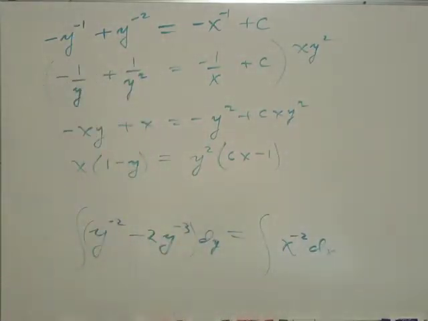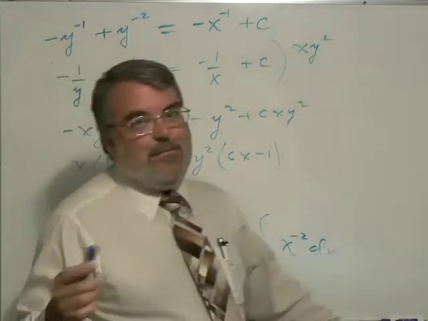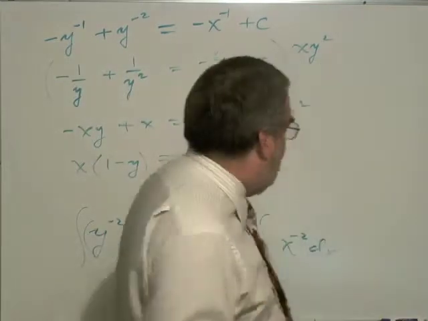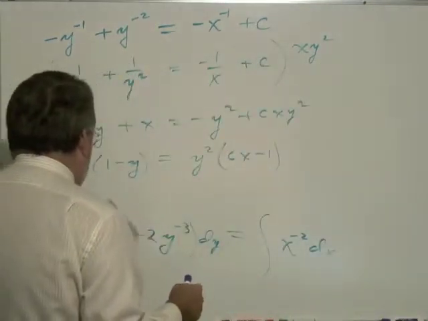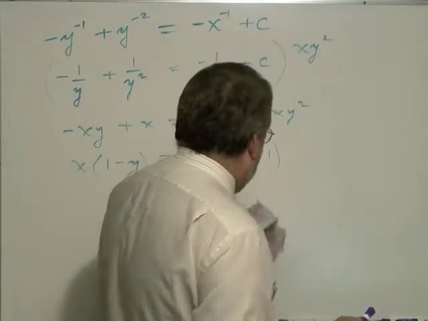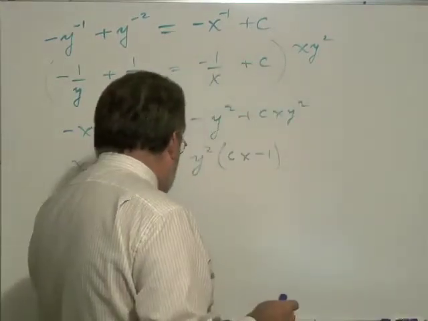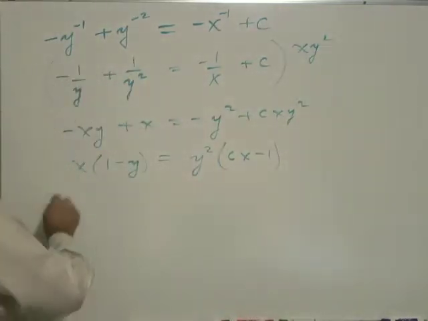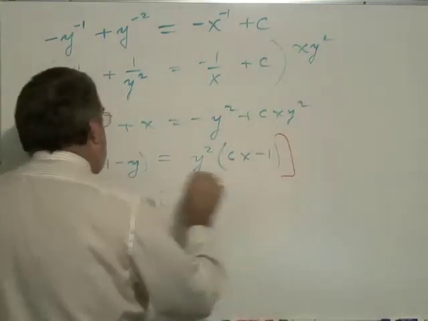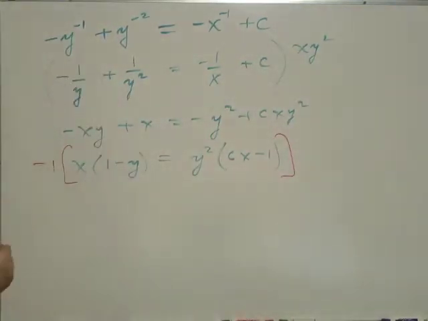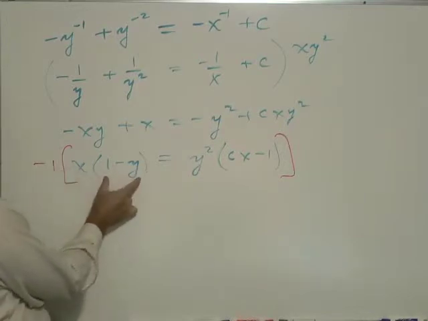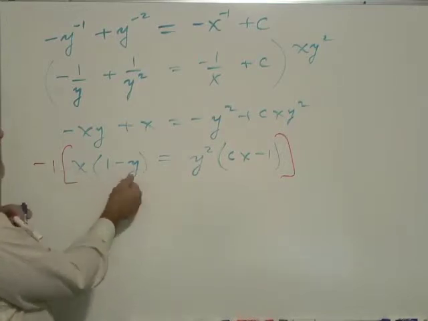Now, that's not the exact form the textbook had. I looked ahead, and what they did was to multiply everything by negative 1. If you distribute the minus 1 through this parentheses, it's going to reverse the 1 minus y.